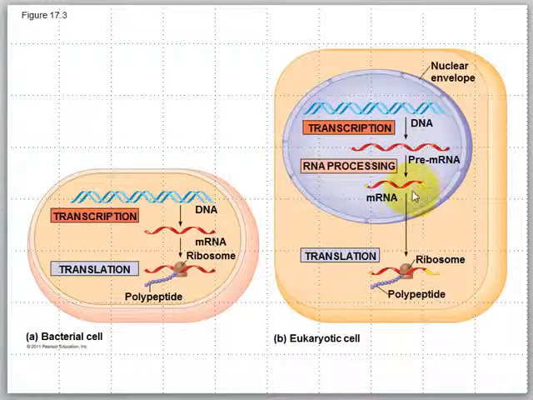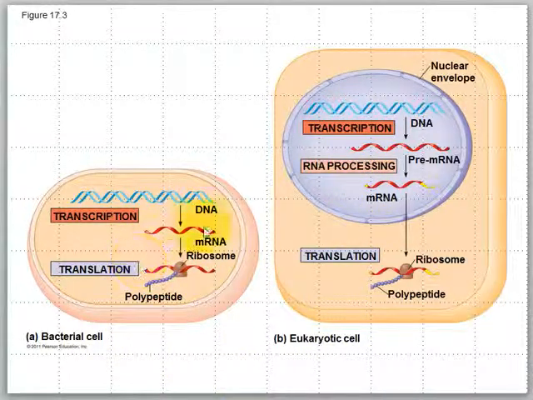That gives you your final messenger RNA. That is transcription. Then it has to leave the nucleus, go out to the cytoplasm, and use the ribosomes to create a polypeptide chain based on that messenger RNA. That's translation. So in a eukaryotic cell, these are two separate processes. They happen at a slightly different time and in a slightly different place.